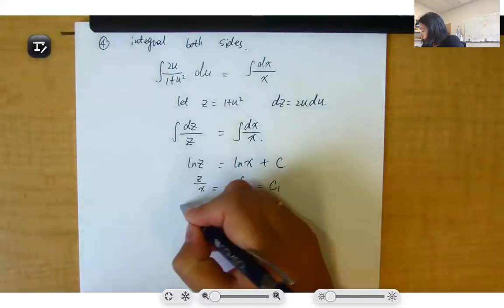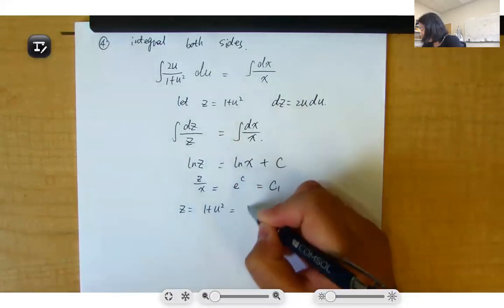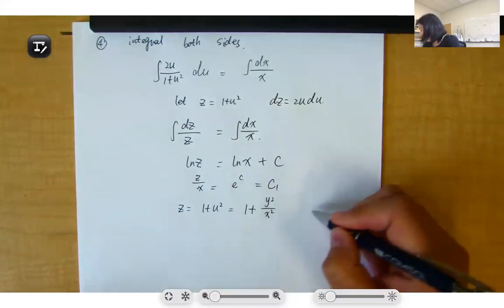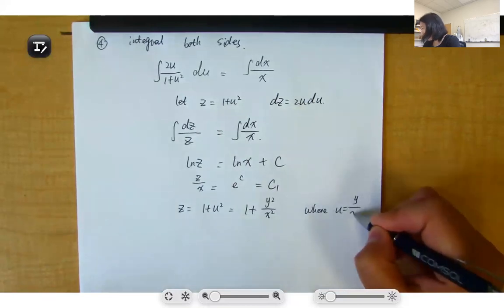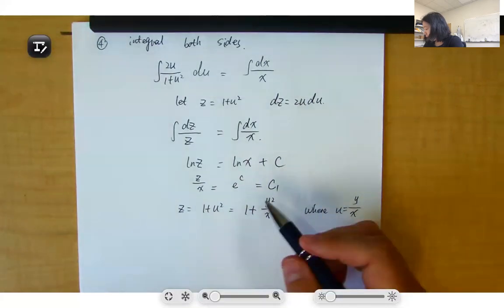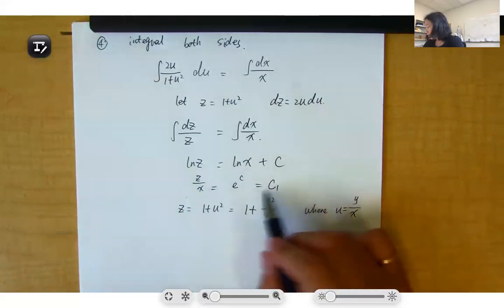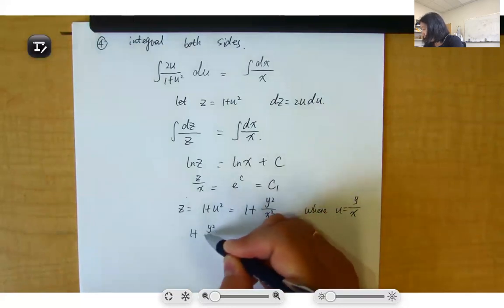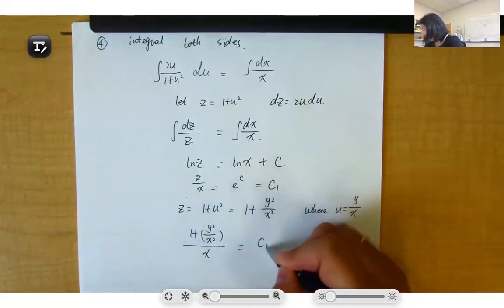And we also know that z equals 1 plus u squared, which will be equal to 1 plus y squared over x squared, because we did the substitution u equals y over x before, so that we can replace the z with the y part for these equations. It's (1 plus y squared over x squared) divided by x equals c1.